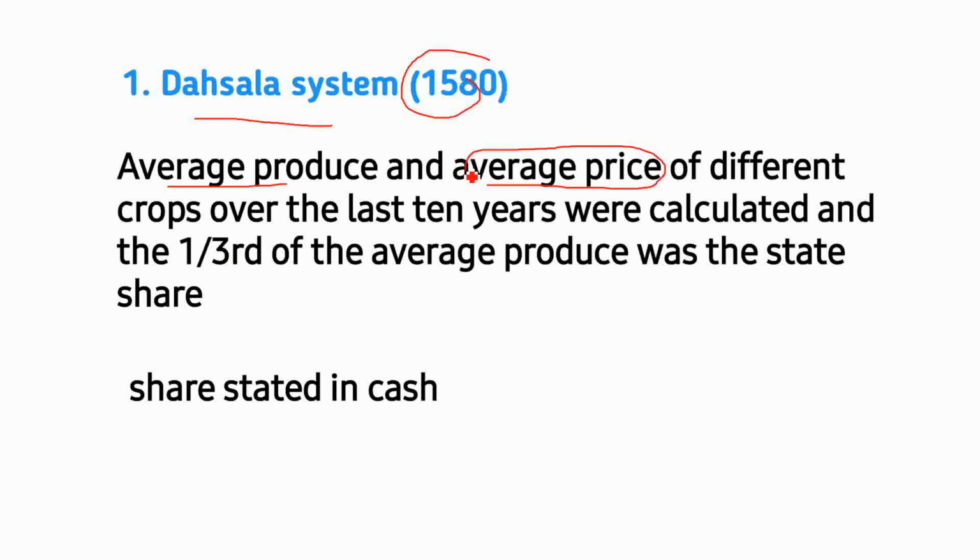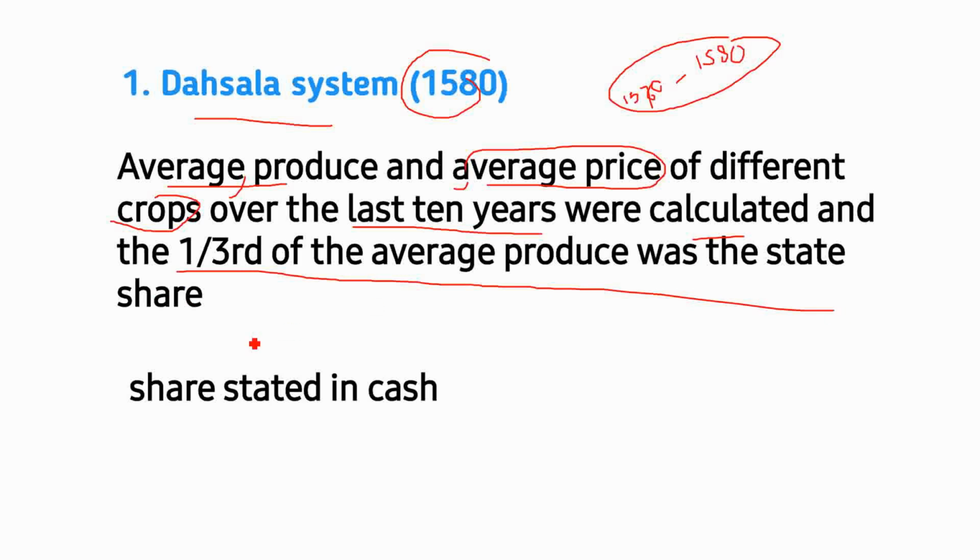Both the average produce and the average price of each crop over the last 10 years are taken, that is 1571 to 1580, or you can say 1570 to 1580. These 10 years are taken, and then the average produce was calculated, and one-third of the average produce was decided as the state share.